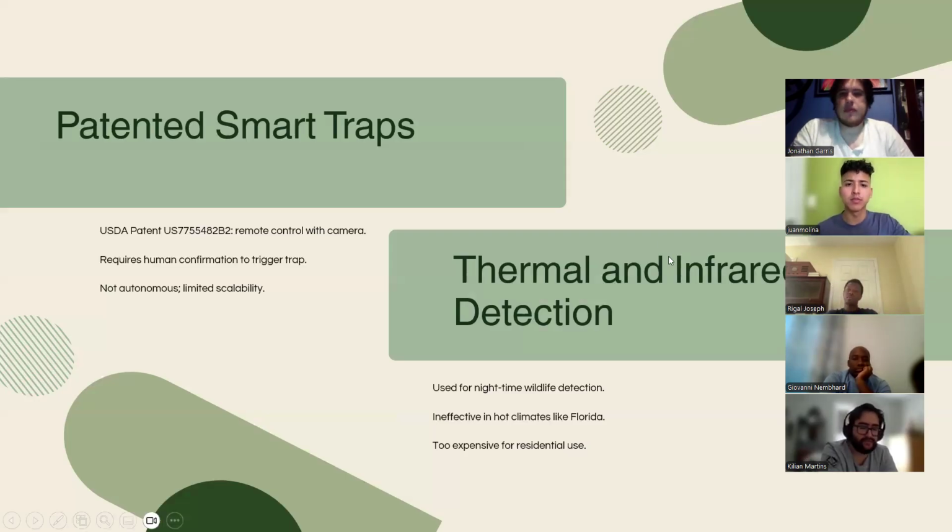And so it's much better to use an RGB camera. And we're mostly going to be using this during the daytime. So this is not as effective here in Florida specifically, and it's definitely a more expensive technology, which we want to kind of stay away from.